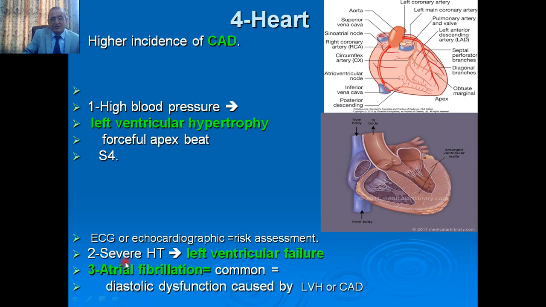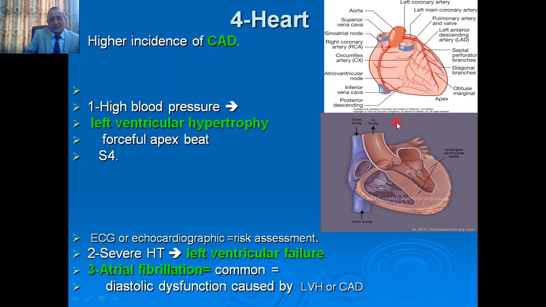So imagine these complications of hypertension. You have left ventricular hypertrophy, and by echo we can detect diastolic dysfunction, and then later hypertrophy by echo and by ECG. This hypertrophied ventricle will end in left ventricular failure. The atria indirectly will be subjected to it; it will contract against a stiff ventricle.